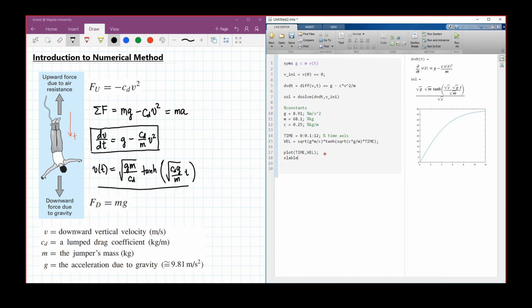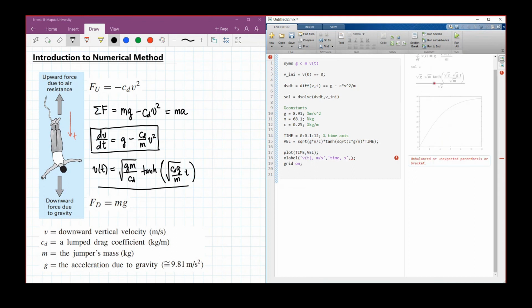X label is time in seconds. And the Y label is v as a function of time, the unit is meters per second.